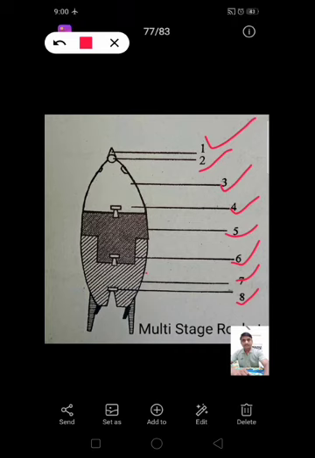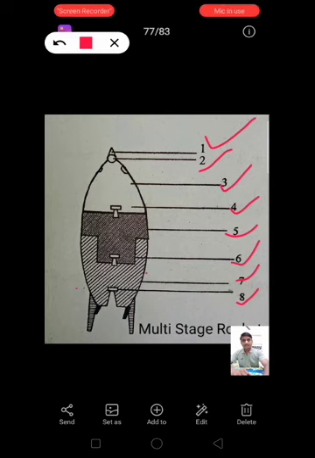The size of the first stage is more as compared to the second one. The size of the second one is more as compared to the third stage. Thus, stage by stage, the mass of the rocket decreases as well as the fuel in the rocket decreases. So this is about the diagram of the multi-stage rocket. Here in the present diagram, three stages with three engines are shown on the screen.